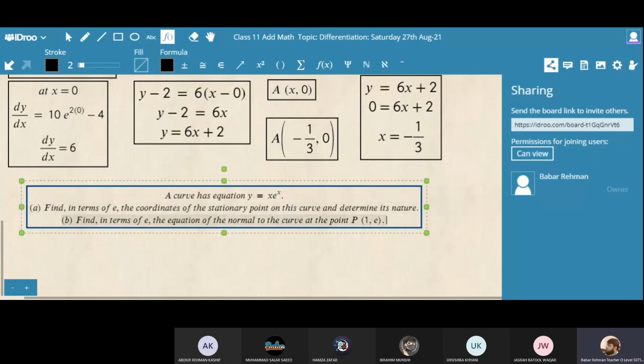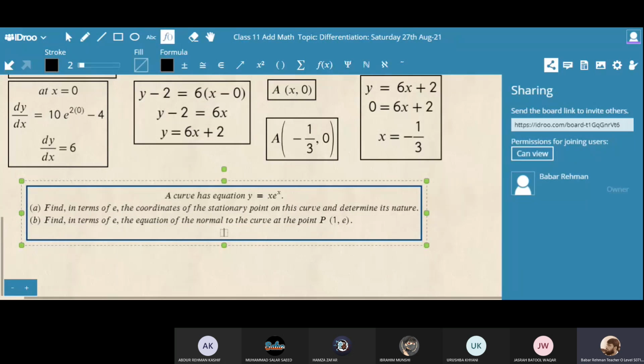And now I'm writing C part. So one by one, you people start working.